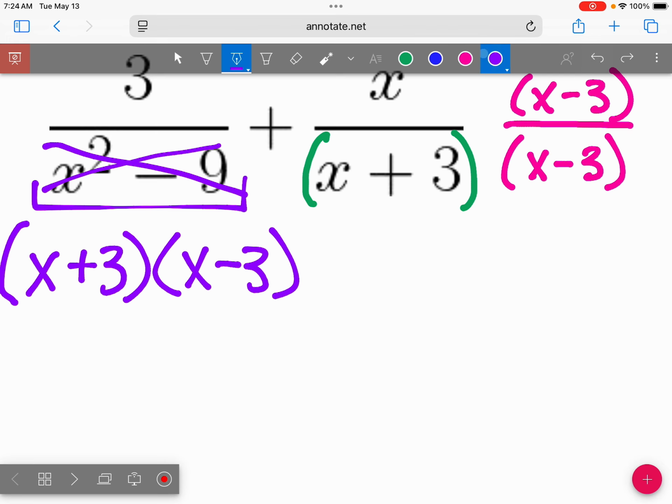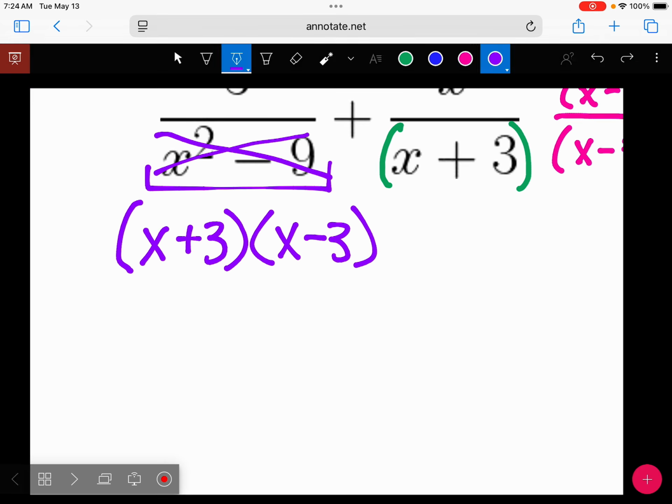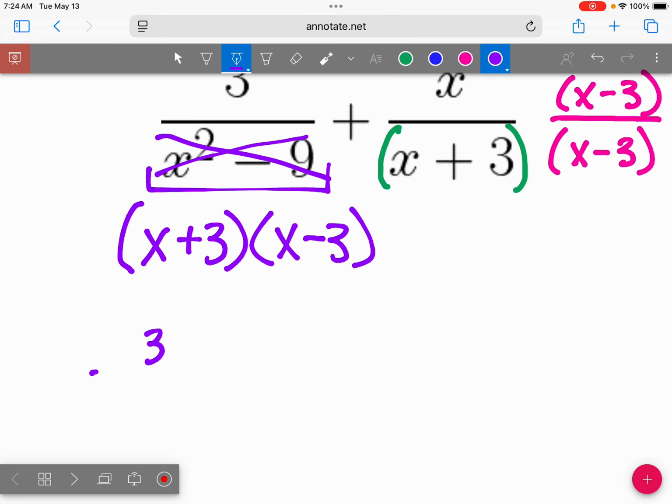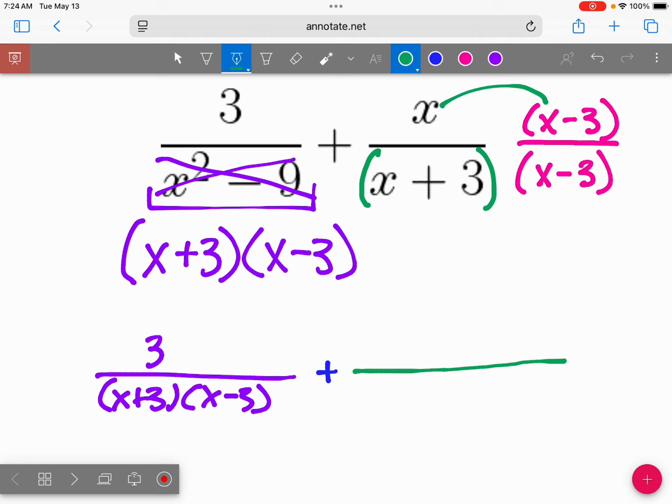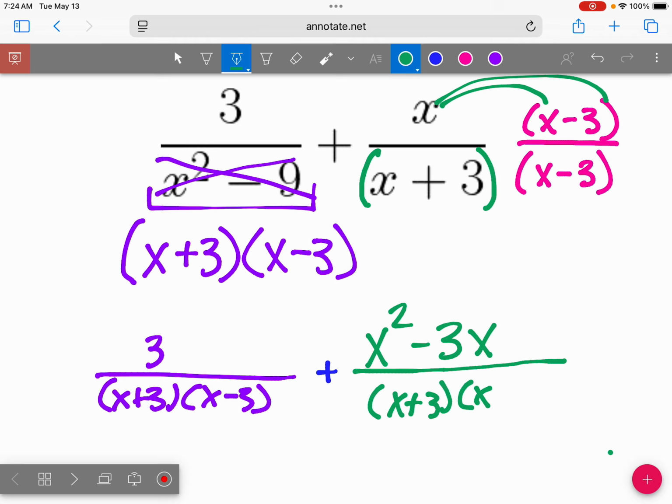So that's going to give us our 3 over our x plus 3, x minus 3, plus, when we multiply these together, I am going to do this multiplication to get our x squared minus 3x over our x plus 3, x minus 3.